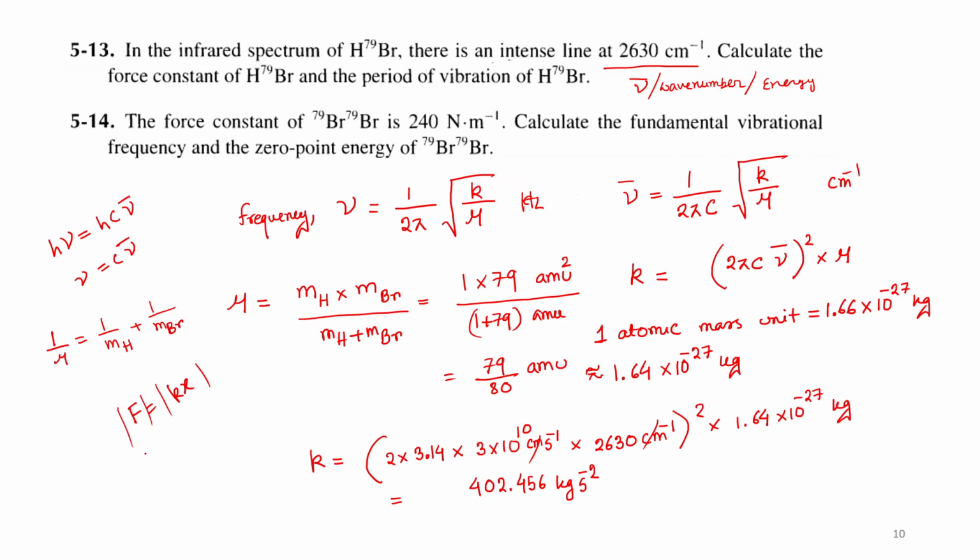So force unit is Newton, and K is something, and x is in meter if it is SI. So your SI unit of this should be Newton meter inverse, right? But we got something in kg second minus 2. Can we convert it to that? Of course. What we need to do is multiply it with meter square.